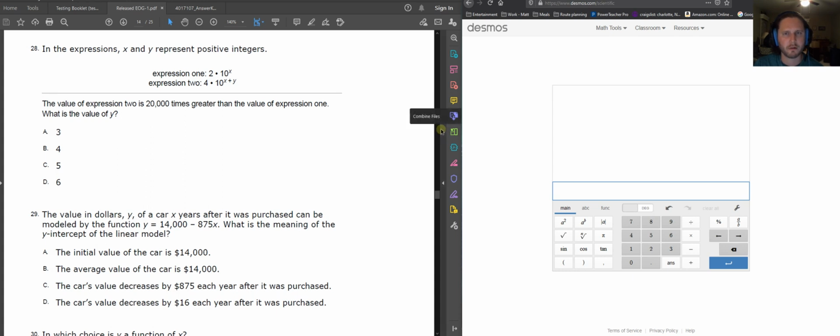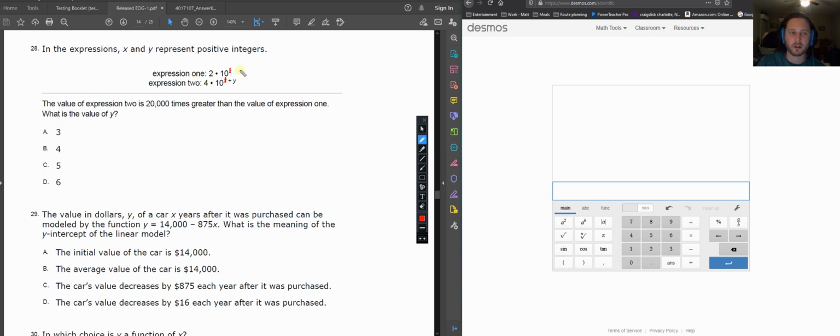Okay, that took me a moment to figure out how to best explain this problem, but the way that you're going to want to try to solve this one involves a few steps. First of all, figure out how much expression 1 could be. Substitute x with 1. That's a good starting point. If I substitute x with 1, we basically have 2 times 10, which is 20.